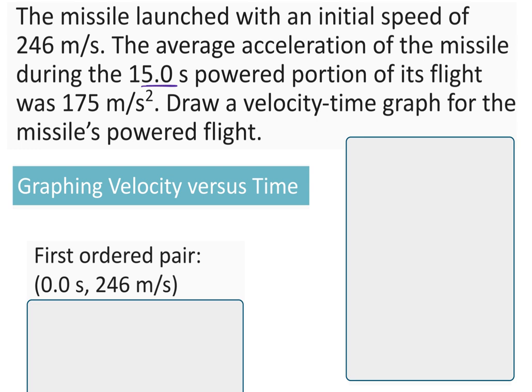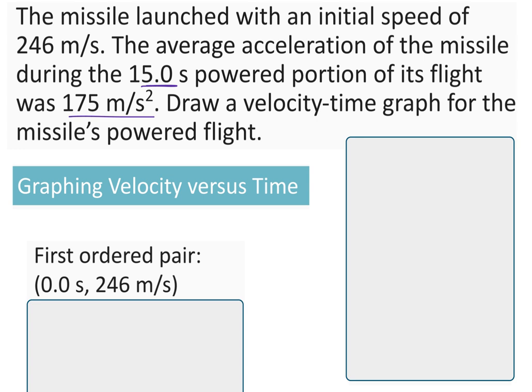What did they give me here? 175 meters per second squared. That unit should tell you what they gave you, because that is the standard unit for something we've talked about. What is meters per second squared the standard unit for? Acceleration. They just gave you your average acceleration.